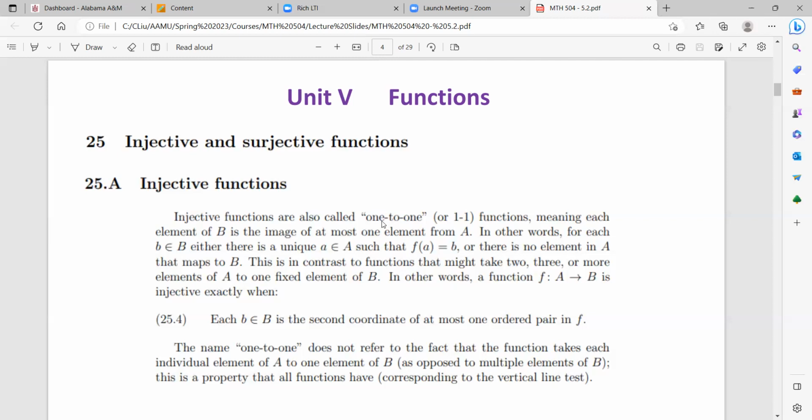One-to-one means you map any element in the domain to a distinct element in the codomain.